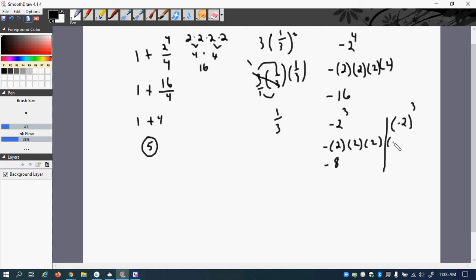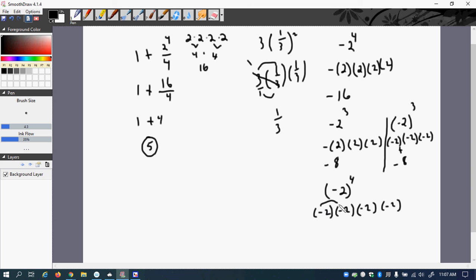So that's negative 2 times negative 2 times negative 2. And negative times negative is positive. And then a positive times a negative makes it negative 8. So again, if we go back to negative 2 in parentheses to the 4th, we see that we get a different result.